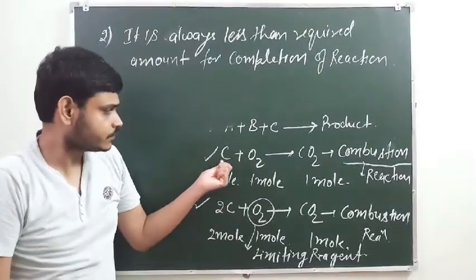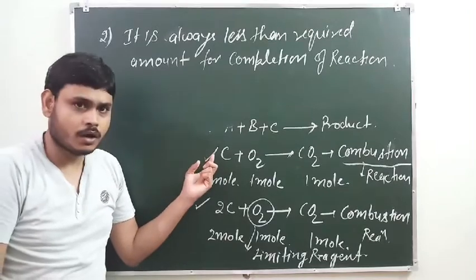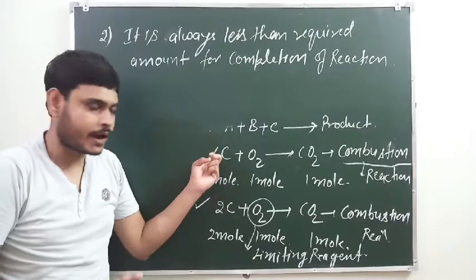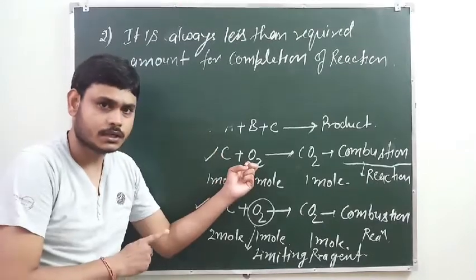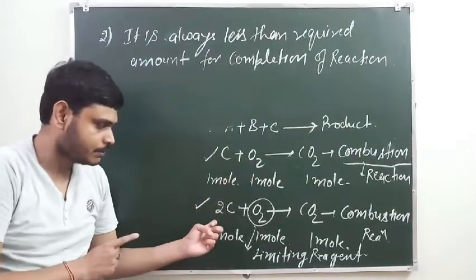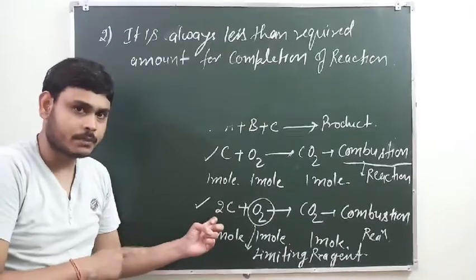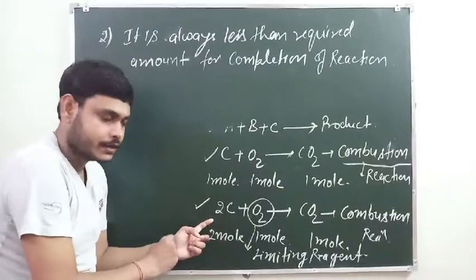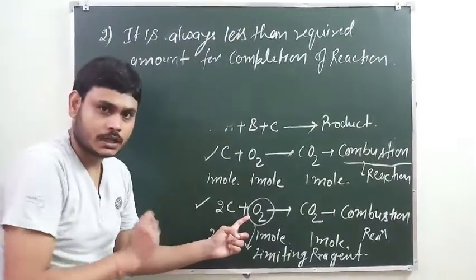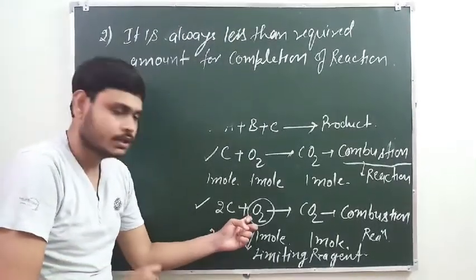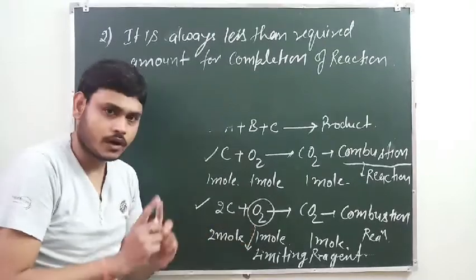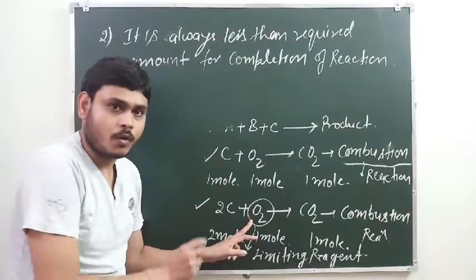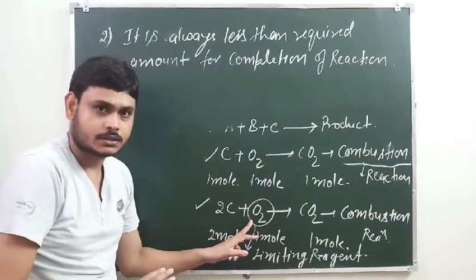In this example, for the complete combustion of 1 mole of carbon, we required 1 mole of oxygen. Clear? And in this example, for the complete combustion of 2 moles of carbon, we required 2 moles of oxygen. But in this reaction, the oxygen is 1 mole. Clear? So 1 more mole of oxygen is required.